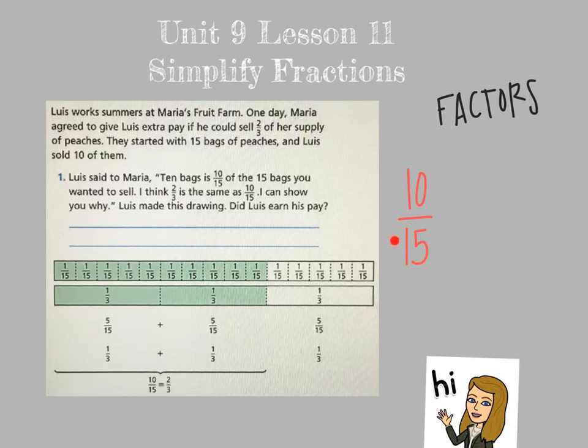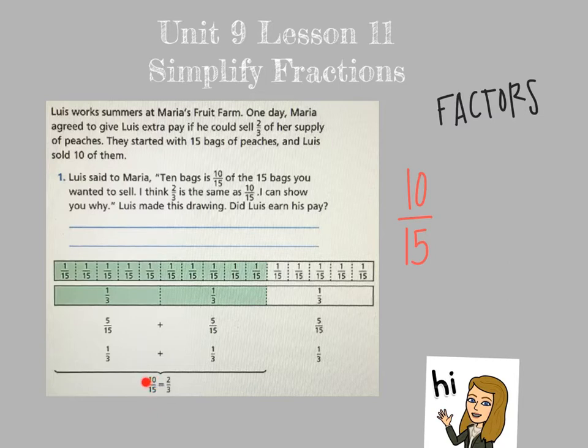Does 2 work? 2 works for 10, but does it work for 15? No. So that's not the number they use to divide. What you're doing is you're actually dividing both numbers by the same number that they have in common in order to simplify or break down the fraction into smaller terms. 2/3 are smaller terms than 10/15ths.